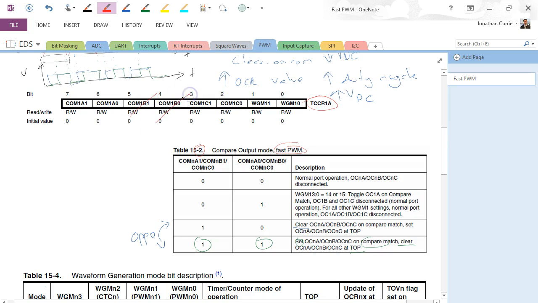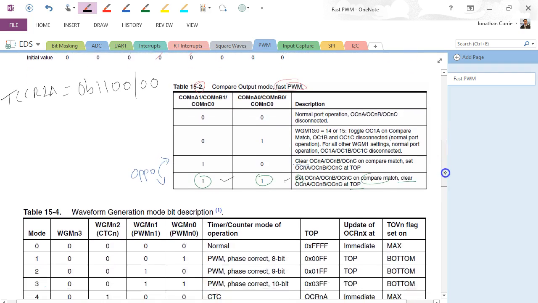Let's say we're actually only interested in channel A, so those middle 4 bits we can ignore, and so we can say TCCR1A is equal to, in binary, based on your preference, let's say we're interested in set on compare match, clear at top, so 1 1 comes in here, 0 0 0 0, so we're not interested in that.